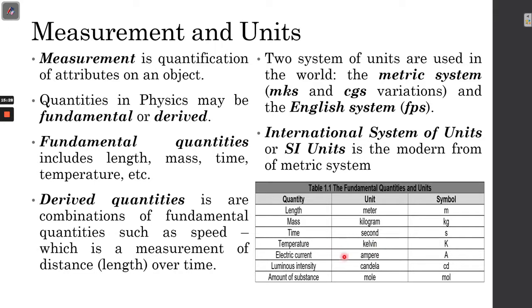A lot of you may think that the SI unit for temperature is Celsius, but it's actually Kelvin. But for all intents and purposes for this class, we'll be using Celsius if we are going to use temperature in any of our lessons. But know that these are the fundamental quantities present in SI units.